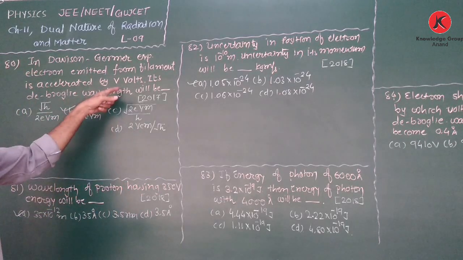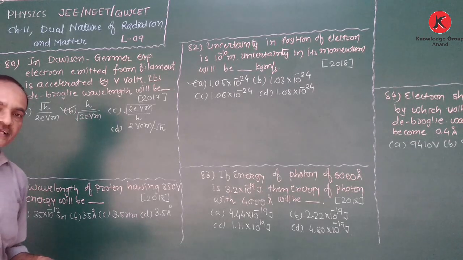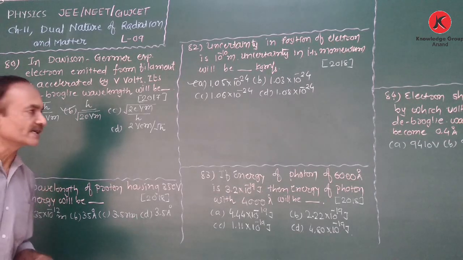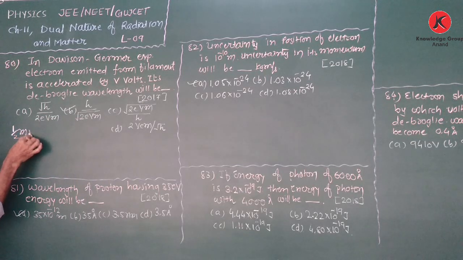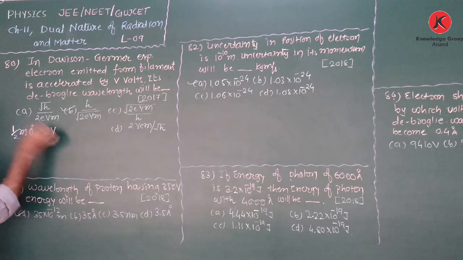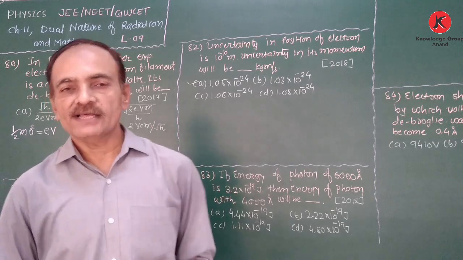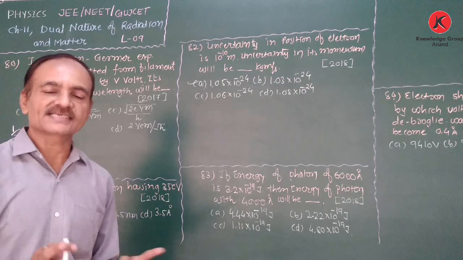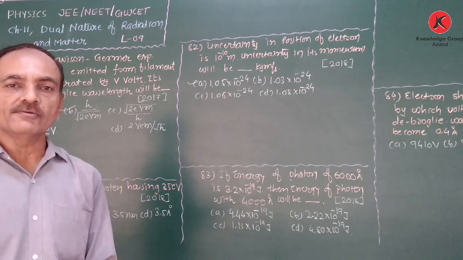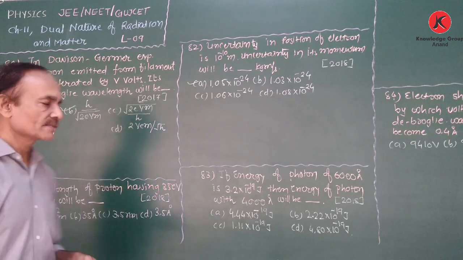As we apply the external voltage, the kinetic energy of the electron is going to increase. Therefore, the kinetic energy of the electron, half m v squared, is equal to e V. We know that the de Broglie wavelength lambda is equal to h upon p, so we have to substitute the momentum of the electron in terms of the applied voltage.